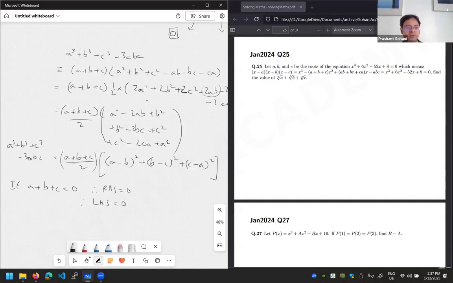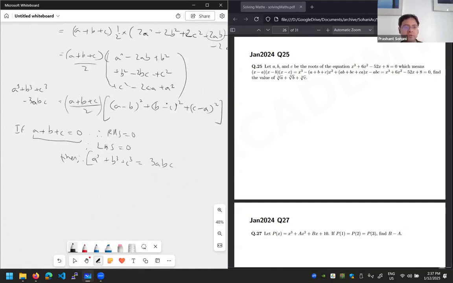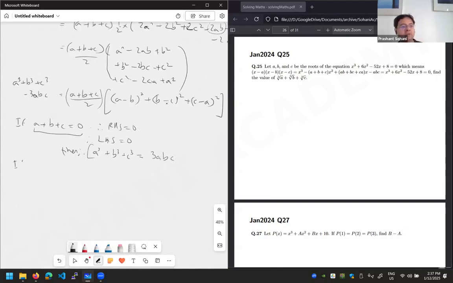And if LHS is 0, that means a cube plus b cube plus c cube equals 3abc. So if this is true, then I can conclude that this is true. What about the reverse? Suppose I am given the information that for some three numbers, this is true.